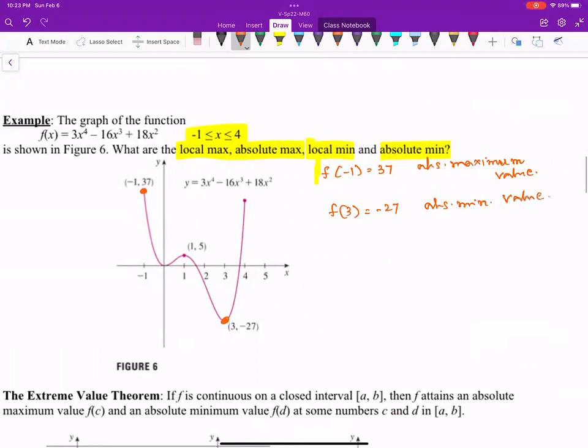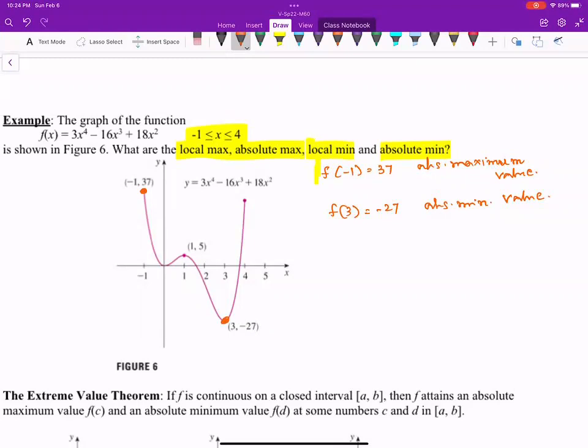Note here, absolute minimum is occurring inside of the interval. Absolute maximum is occurring at the end of the interval. So absolute minimum or maximum can occur at the endpoints or locally, but local cannot occur at the endpoints of the interval. That is important.